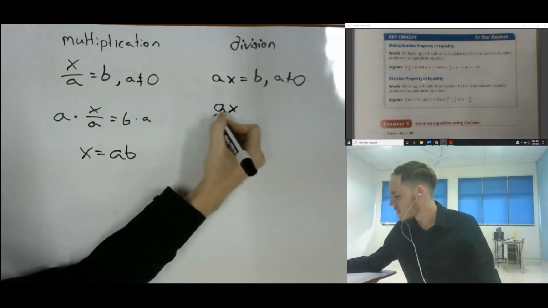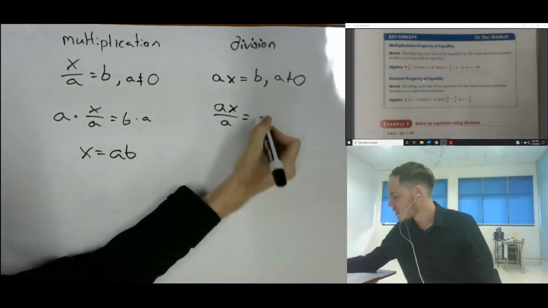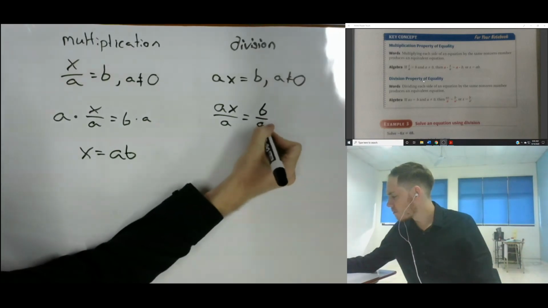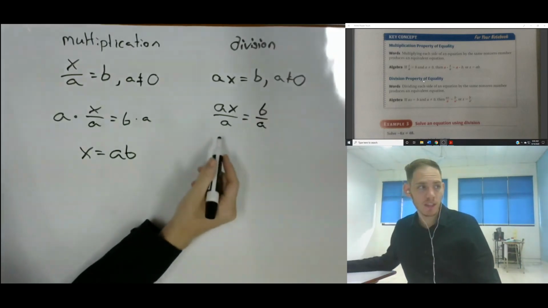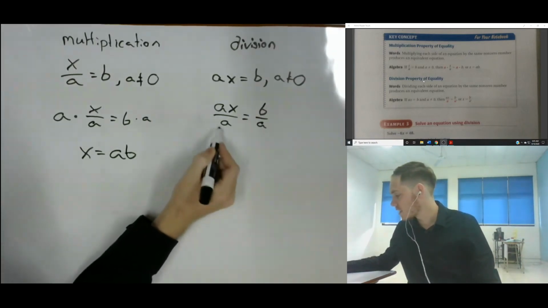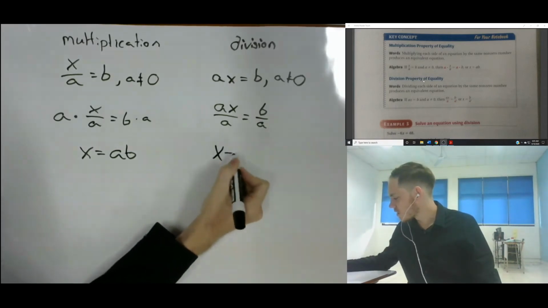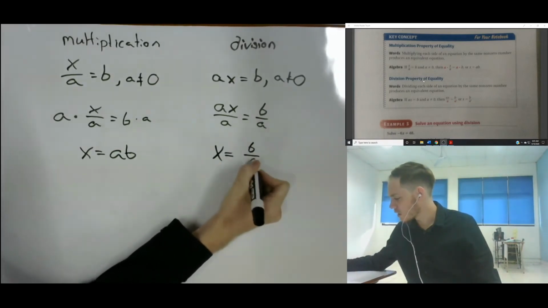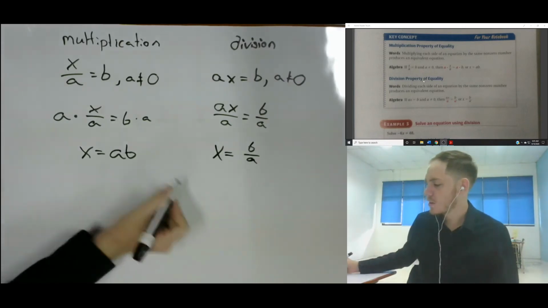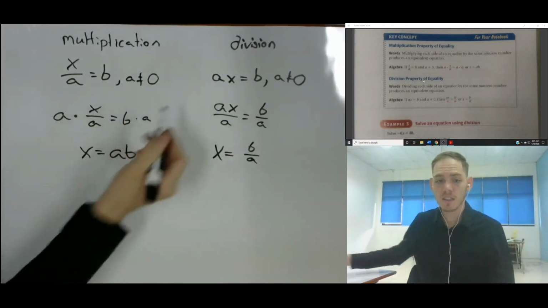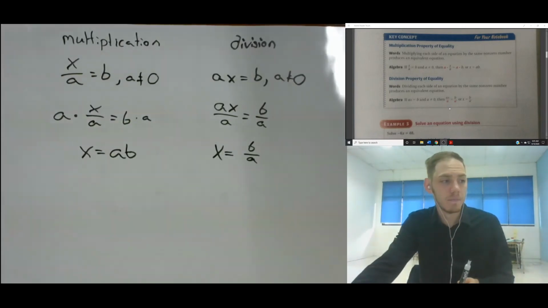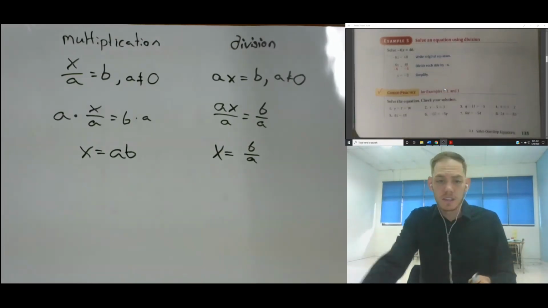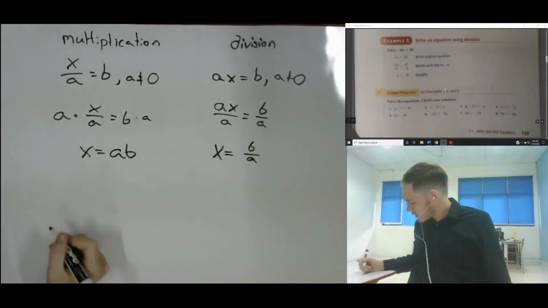And we're going to then divide both sides by a, because if a is not 0, we could divide by it. This a is cancelled, so then your answer is x equals b over a. Multiplication property, division property. You guys should be used to these, but we're just practicing them.